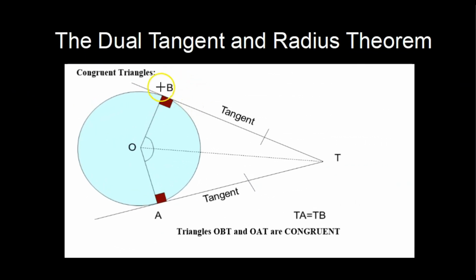Then to the next theorem, we have the dual tangent and radius theorem. What do we mean by that? We are looking at intersection between two tangents and two radii on a circle. Now, when two tangents and two radii intersect, there are a lot of angular properties they depict.